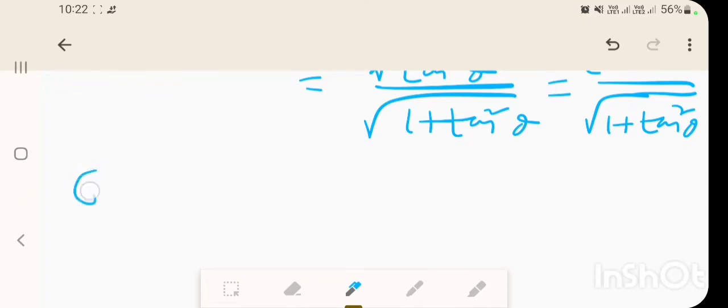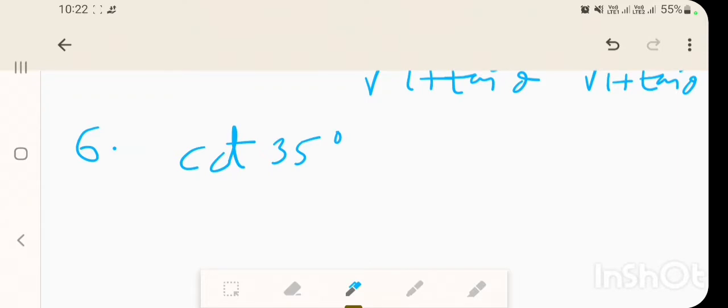Another problem, number 6 in section 1. They have given cot 35 degrees and asked to represent it within an angle greater than 35.